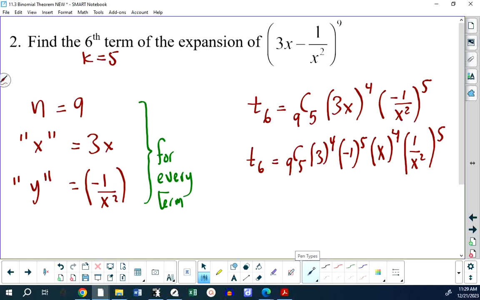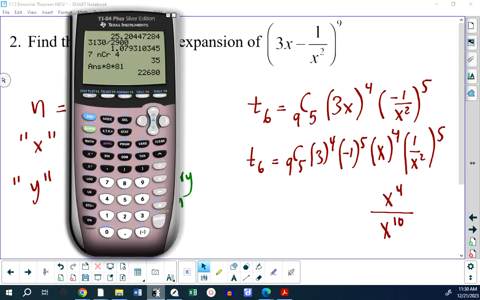Well, x to the 4 is x to the 4. 1 over x to the 2 to the 5 is x to the 10 on the bottom. Right? When I take the x squared on the denominator raised to the 5, I get x to the 10 in the denominator. Our coefficient is going to be negative because negative 1 raised to an odd exponent will be negative.